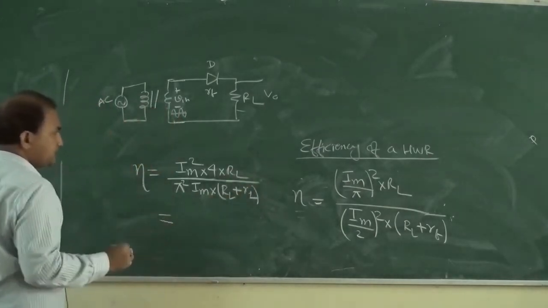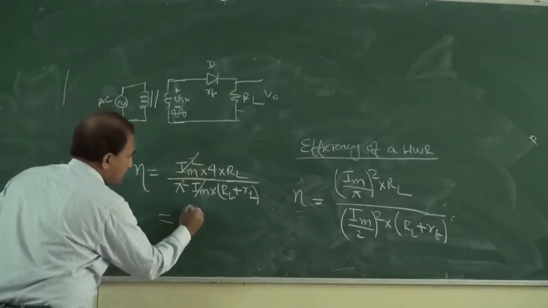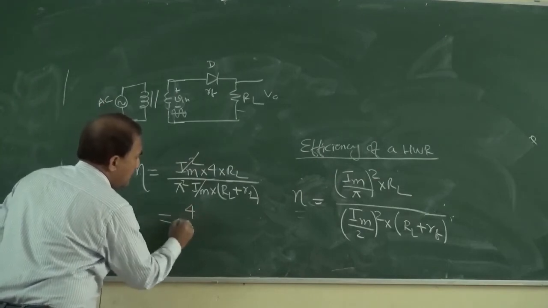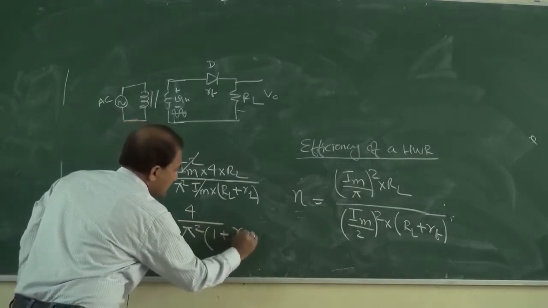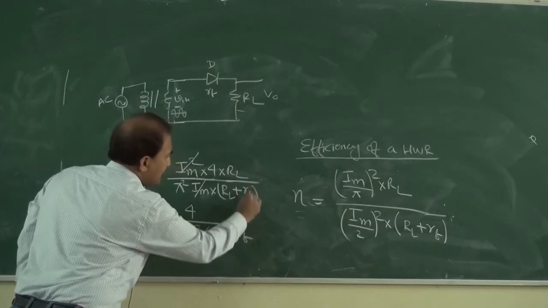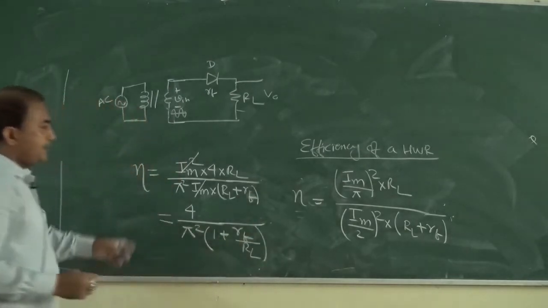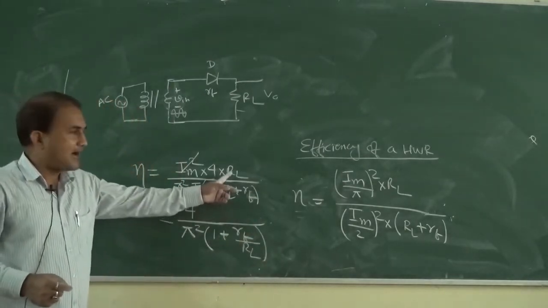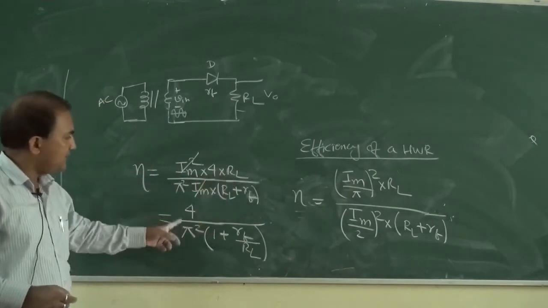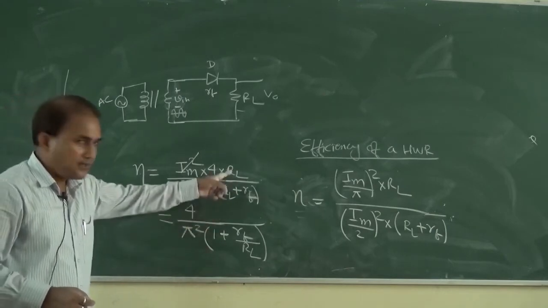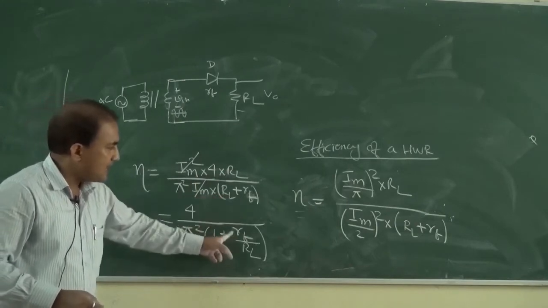So it is equal to 4 divided by pi square into 1 plus RF divided by RL. If we divide by RL in numerator as well as denominator, it is 4 divided by pi square into RL divided by RL, which is 1, plus RF divided by RL.